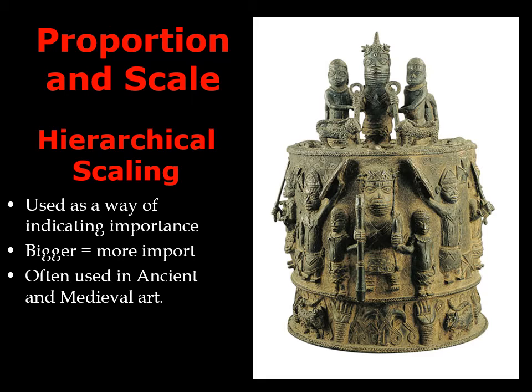And then off to the sides are some subjects. They're much smaller, so their importance is going down. Opposite them are medium-sized figures. If you're medium size, you're medium importance within the hierarchical scale, how you would be portrayed.